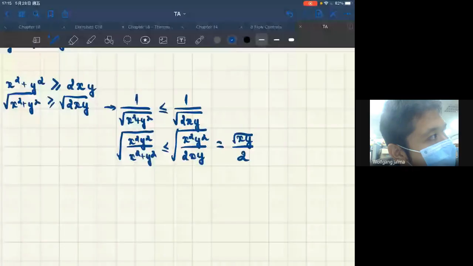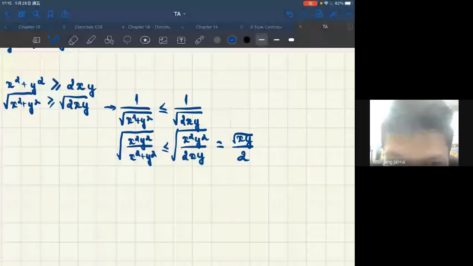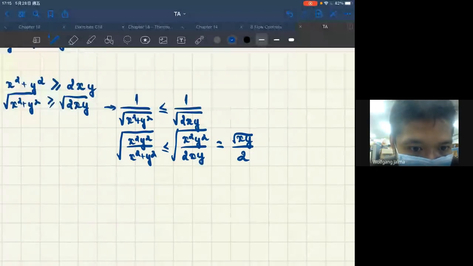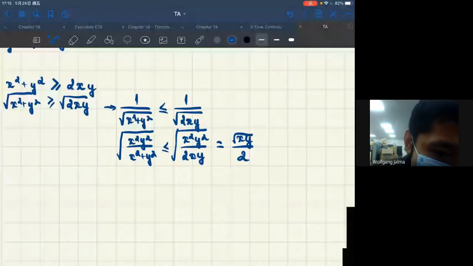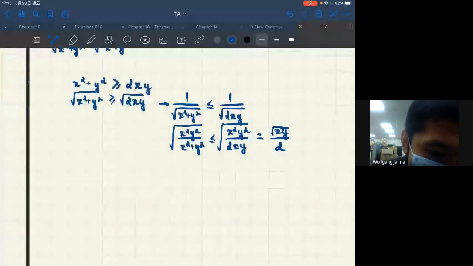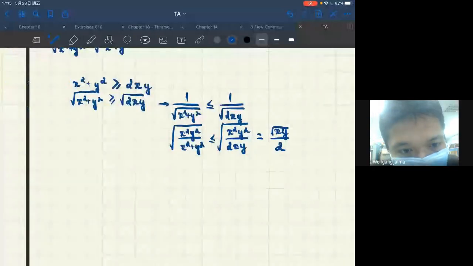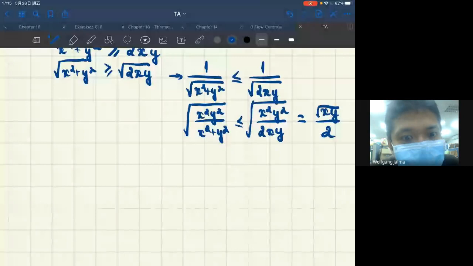Is it clear? Can you write that? So you squeeze from both sides. The left side is minus square root of xy over 2. The right side is, yeah, the one.